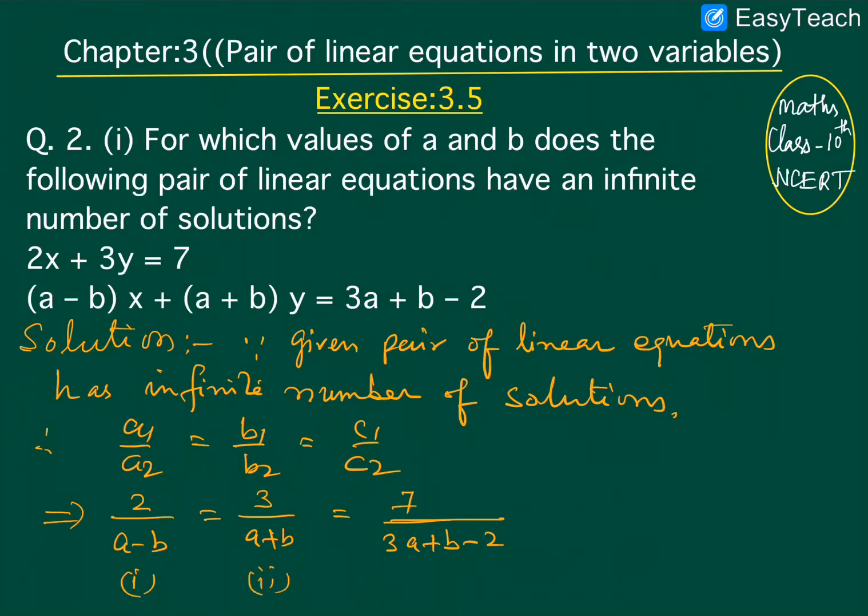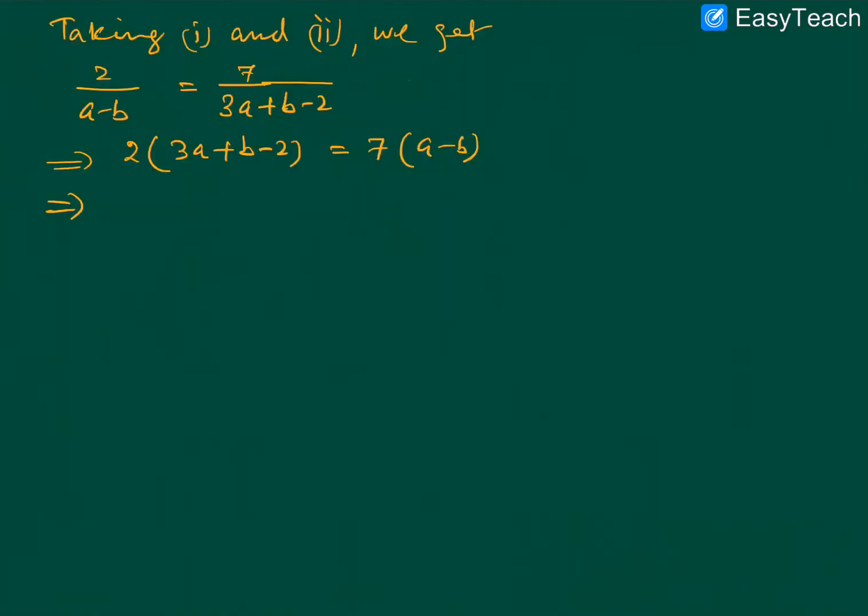By taking first and third, and second and third, we have further a pair of linear equations in a and b. 2 upon a minus b is equal to 7 upon 3a plus b minus 2.